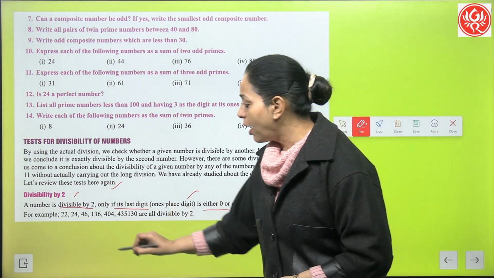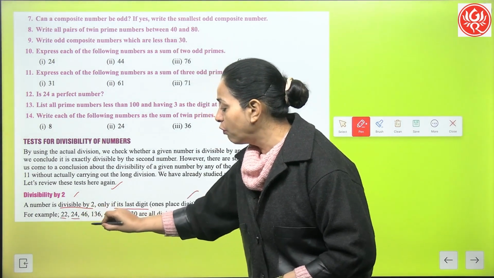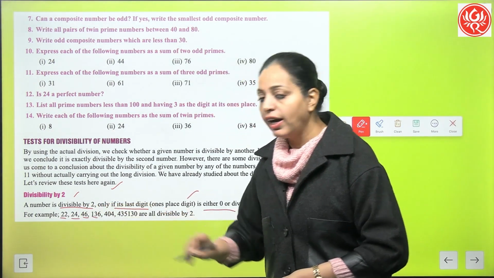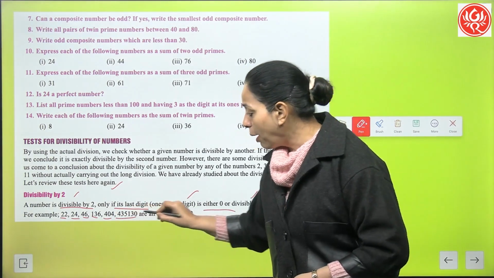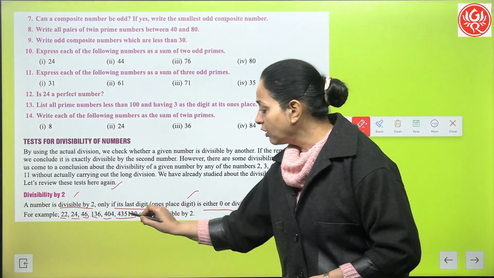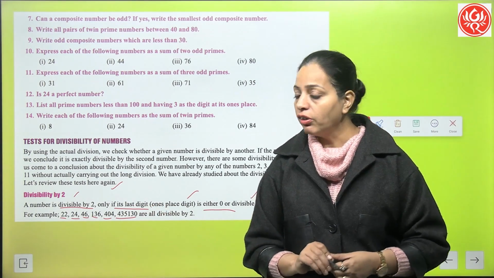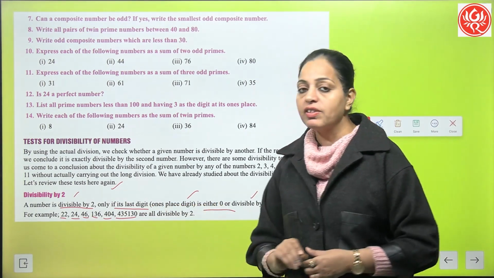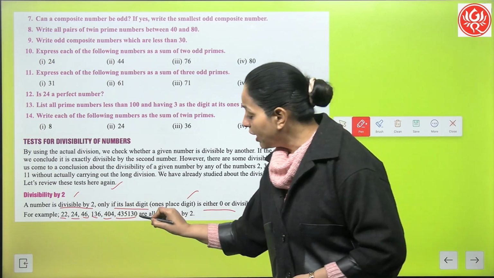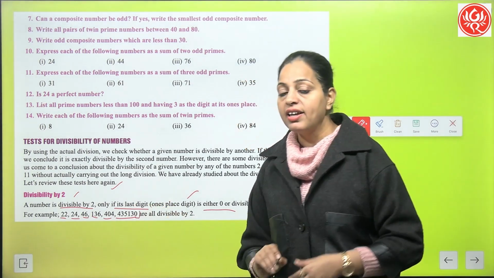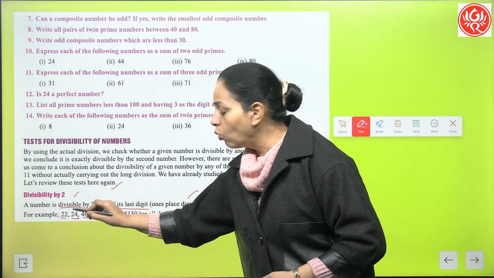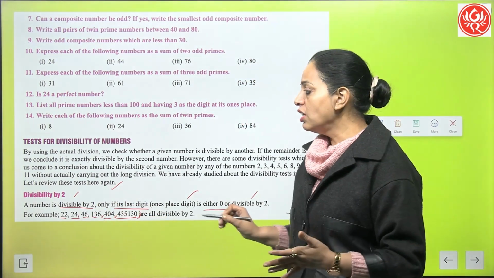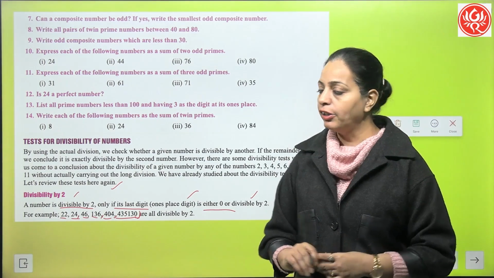You can see some examples like 22, 24, 46, 136, 404, and this is the big number, 4,35,130. These all are divisible by 2 because हमने क्या किया last digit देख लिया. Last digit is 0, 4, 6, 4, 2. Okay, so these all are divisible by 2.